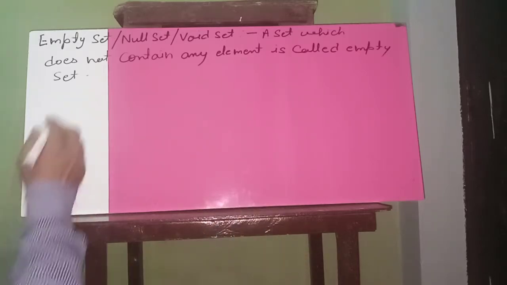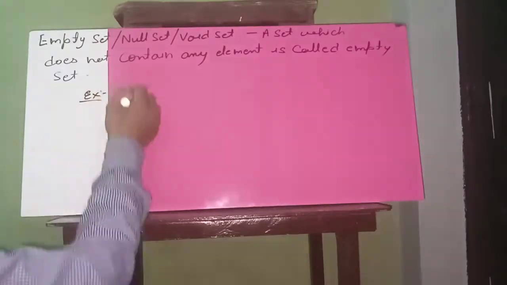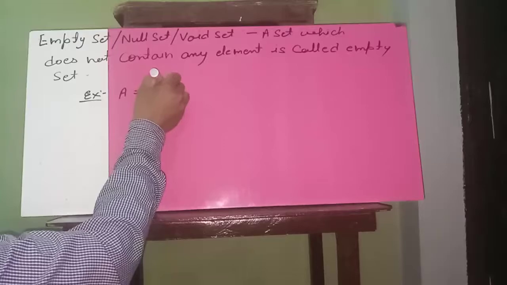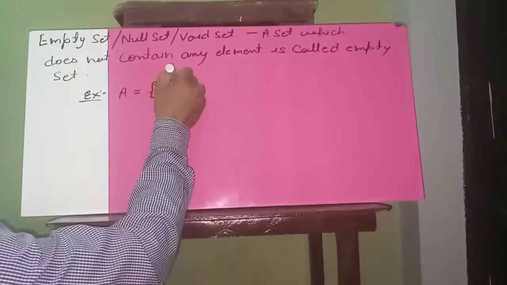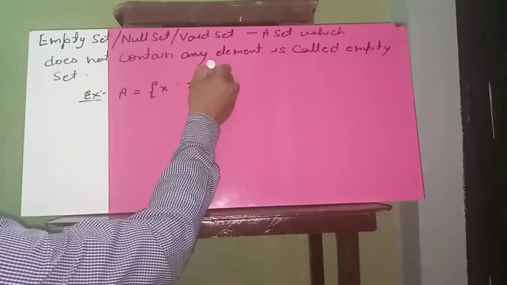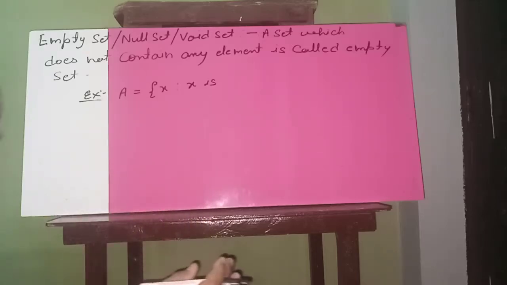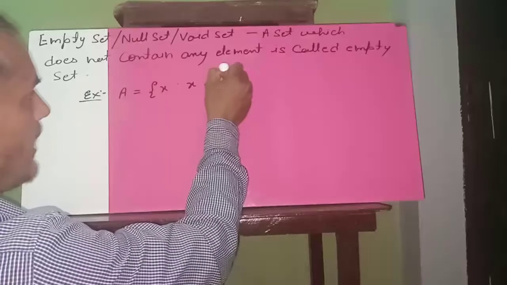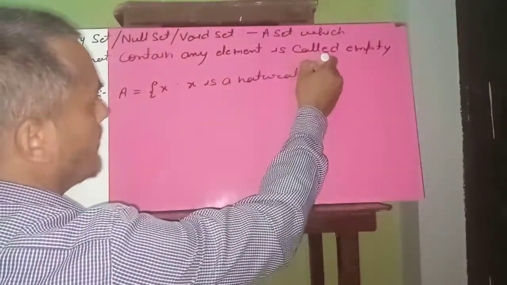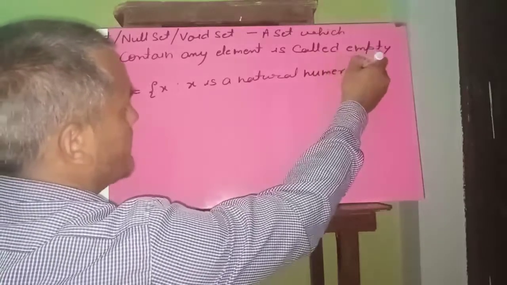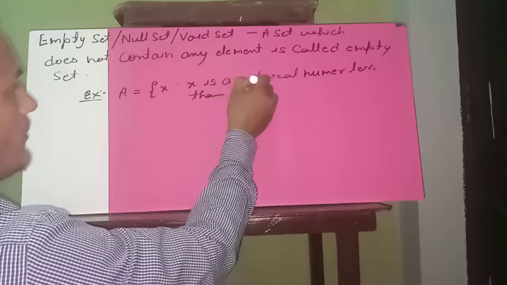For example, look at this example: I have a set A equal to {x : x is a natural number less than 0}.